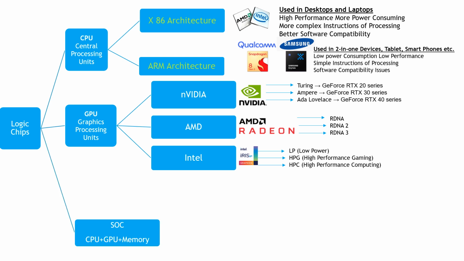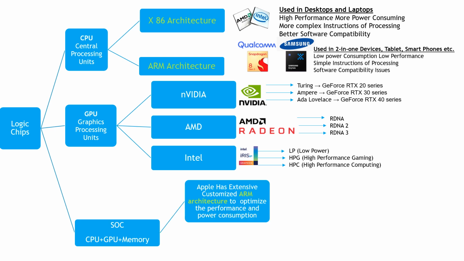In contrast to these, there is also a third option, known as SoC, meaning system on chip, where the CPU, GPU and memory are integrated into a single chip to optimize the operations and working of the processing unit.